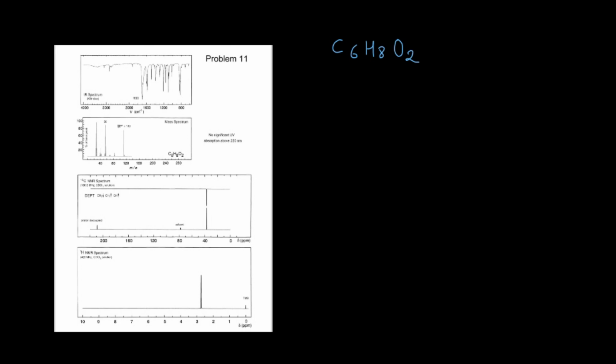So my routine work in solving this particular problem, the first step is what? Calculation of the index of hydrogen deficiency, or hydrogen deficiency index, which is your HDI. The formula of the HDI is (2N + 2 - M) divided by 2, and here N is the number of carbon atoms, which is 6 in this case, and M is the number of hydrogen atoms, which is 8 in this case.